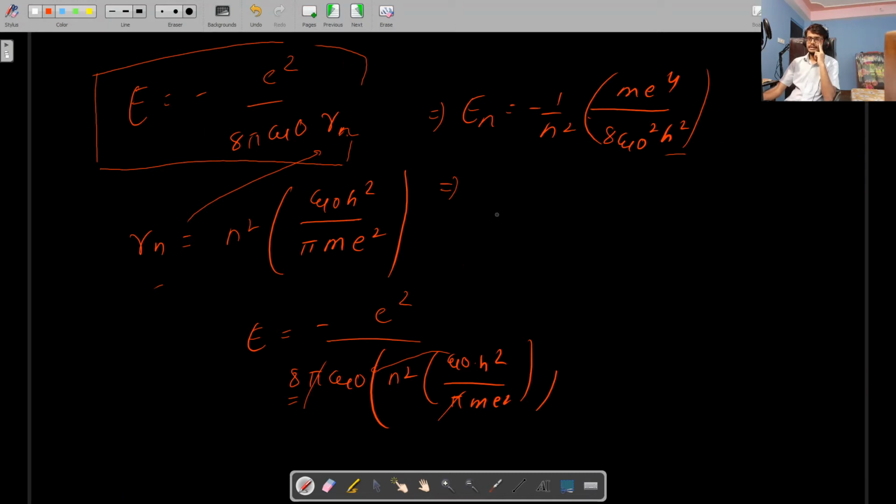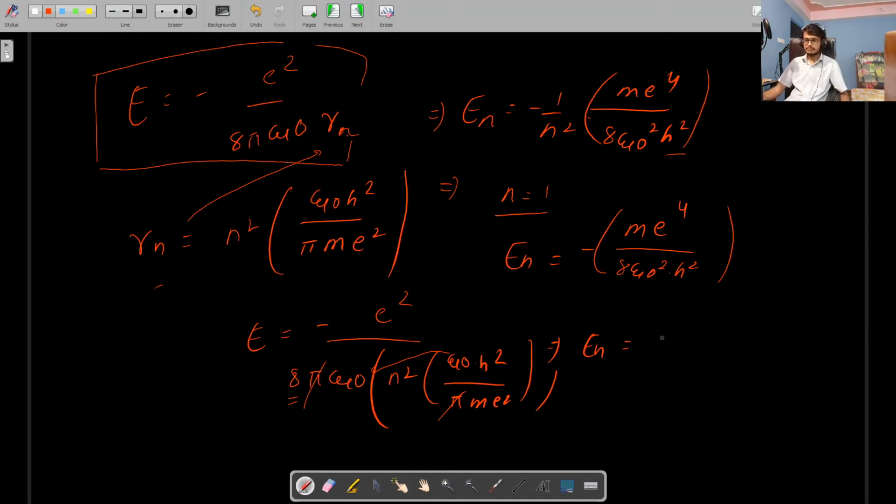Now let us take n is equal to 1. When we take n is equal to 1, we reduce the formula to m e to the power 4 by 8 epsilon naught squared into h squared, right? Now when we put the values of m, e to the power 4, 8, epsilon naught squared, h squared, we get a value.